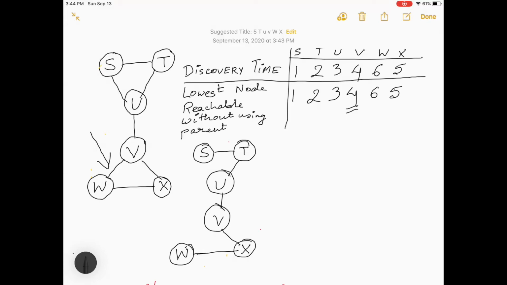So V has discovery time of 4, as we can see from here. W has 6, so the minimum would be 4.